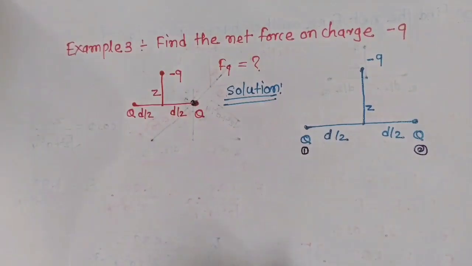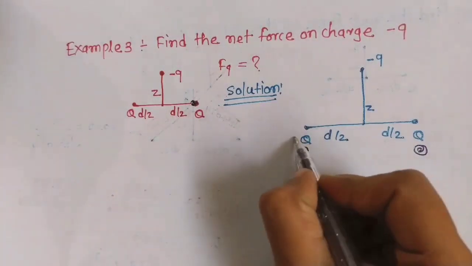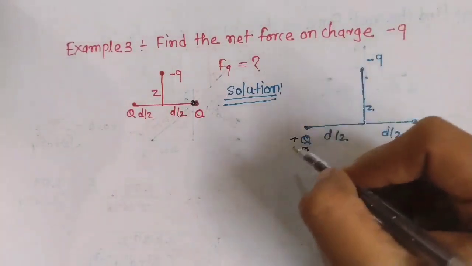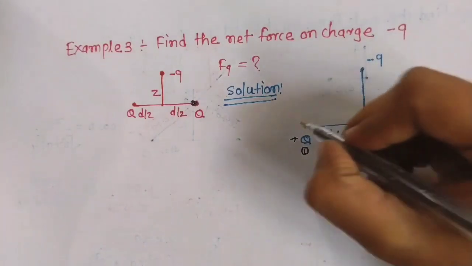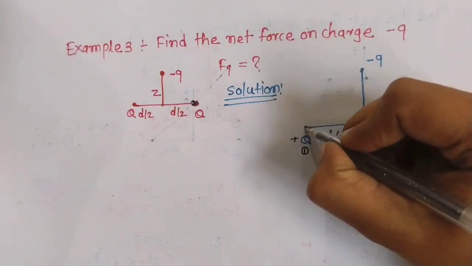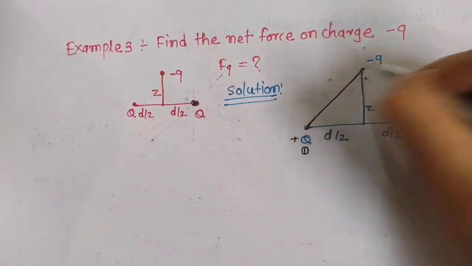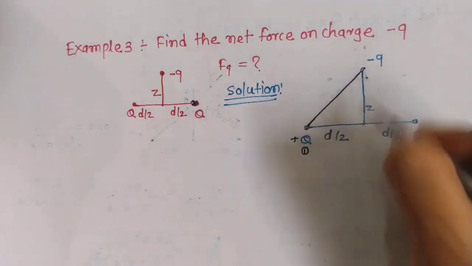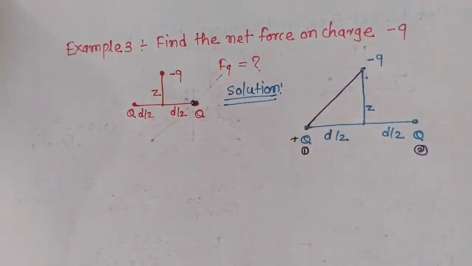This is 1, this is 2. We consider these charges. This is plus, this is minus. Therefore, they attract each other, and the direction of the force is towards the charge. Therefore, this direction is towards, that is inside.